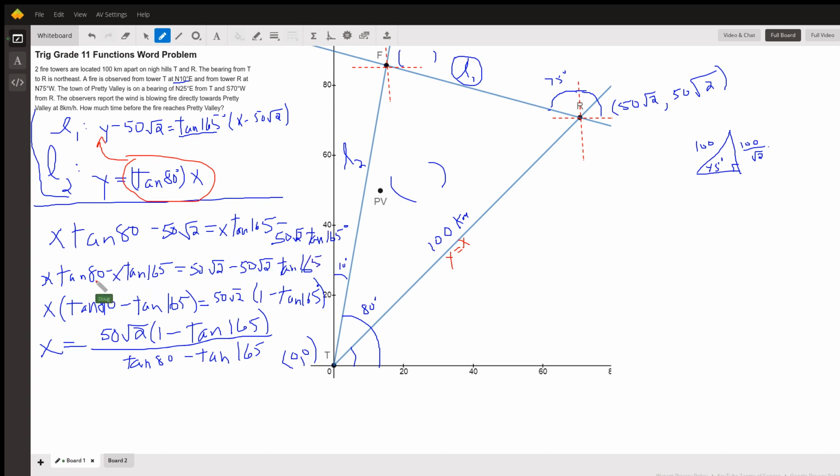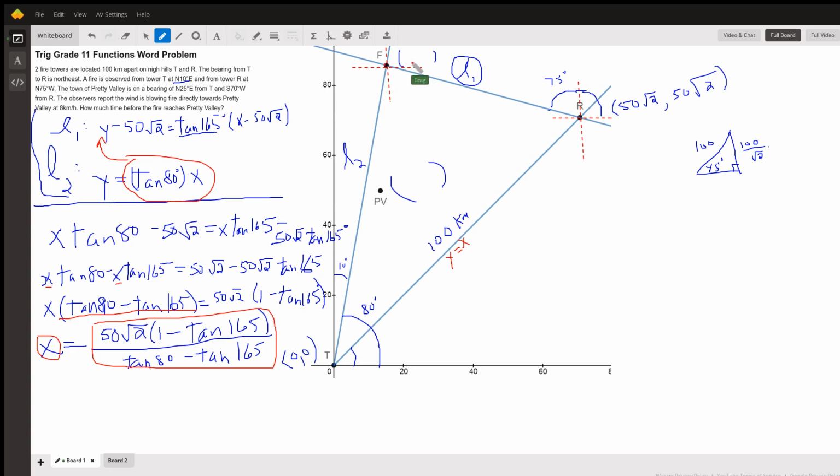At this point, we can get the terms containing x on the left side of the equal sign, the constant terms on the right side, factor out this x, and I factored out the 50 radical 2 also on the right side, and then divide both sides by that expression, and there's X. That's the X coordinate of the point of intersection right there. You can do that on a calculator to see what you get. And once you've got that value, you can multiply it by the tangent of 80, and you'll get the Y coordinate of point F.